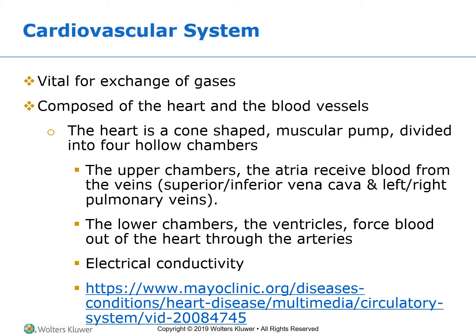So the cardiac output of a patient with a stroke volume of 70 mLs and a heart rate of 70 beats per minute would be 4.9 liters per minute. The cardiac output should increase during physical activity and decrease during sleep, and it can vary depending on the patient's body size and metabolic needs.